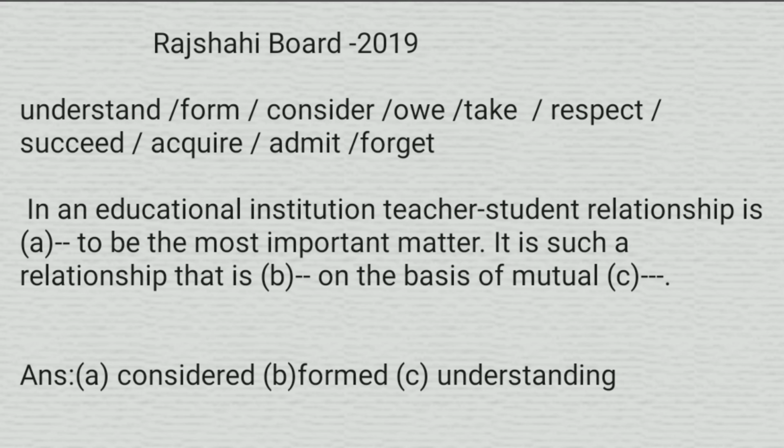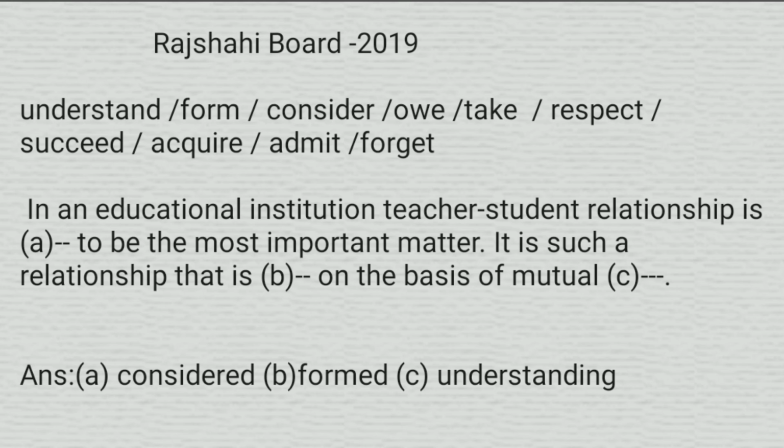Now we will solve another board question, and it has been taken from Rajshahi Board 2019. Here we can see the verbs understand, form, consider, owe, take, respect, succeed, acquire, admit and forget.